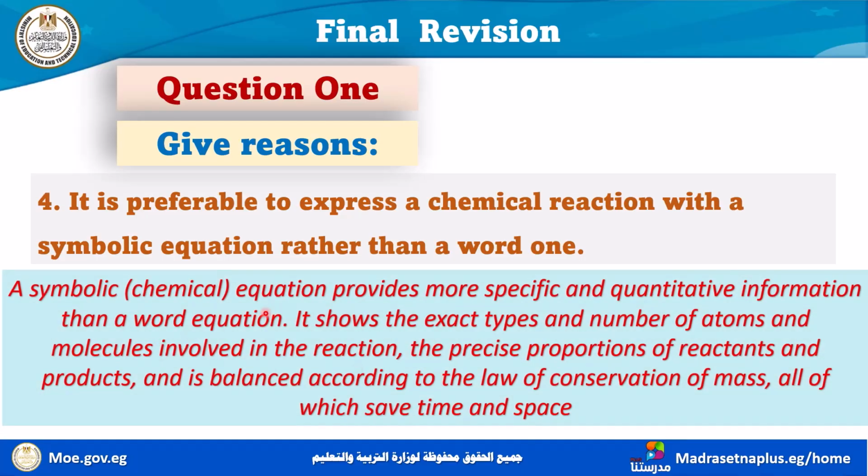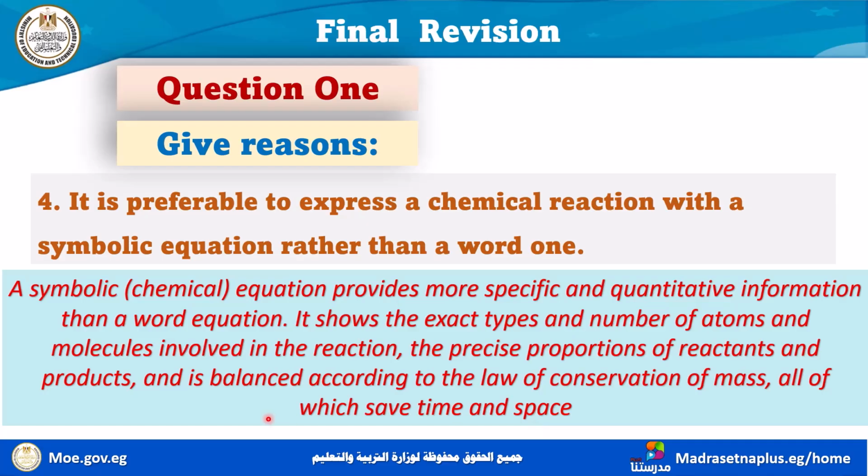A symbolic equation gives more specific and quantitative information than a word equation. It shows the exact types and numbers of atoms and molecules involved in the reaction, and the precise proportions of reactants and products, and is balanced according to the law of conservation of mass, all of which save time and space.